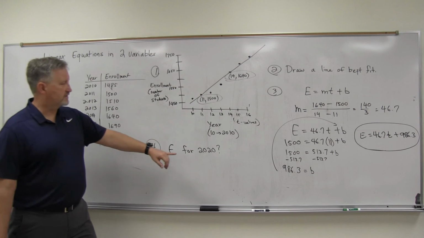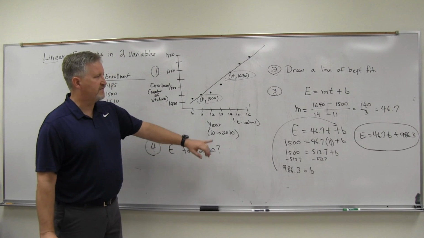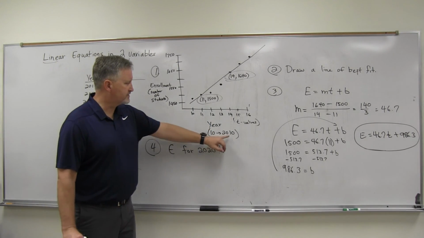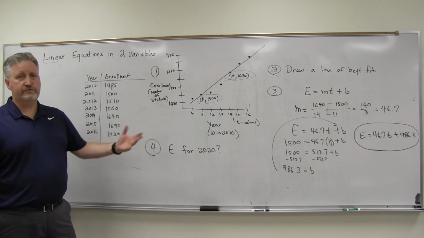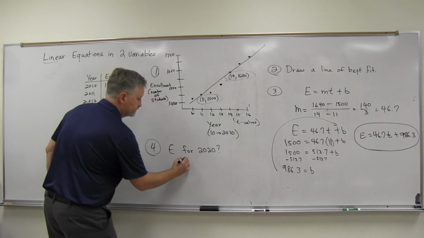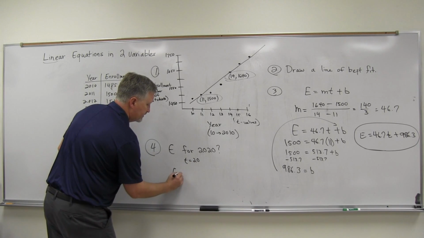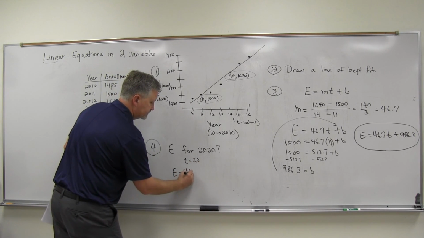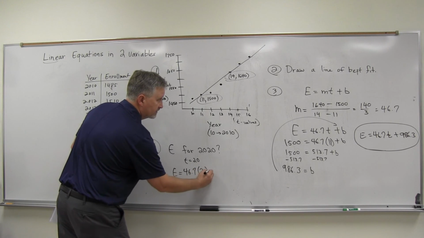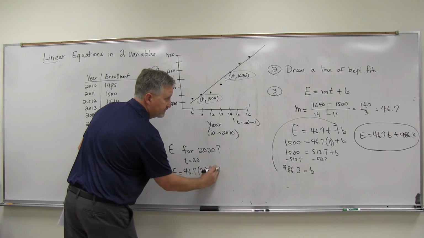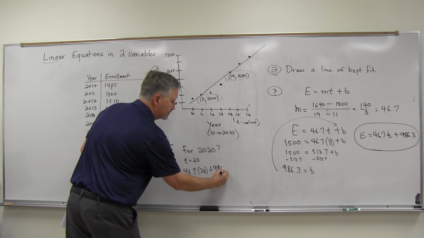Yeah, that gives me the year, that gives me the time, the T value. 10 was 2010, so 2020, that means T was 20. Yeah, I plug that in. That'll give me a prediction for that enrollment.